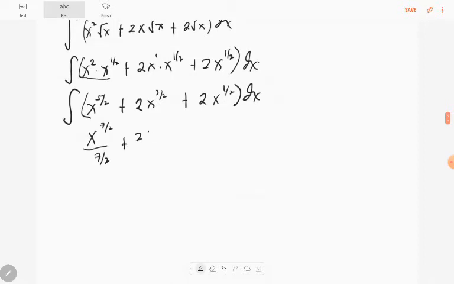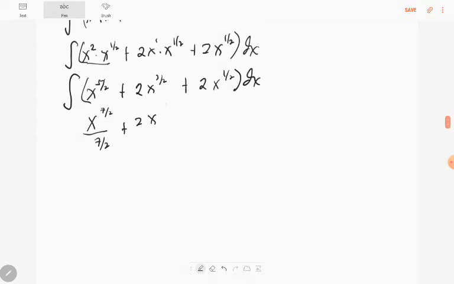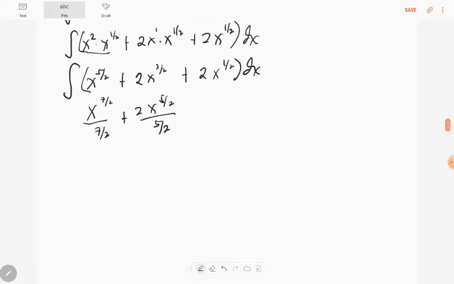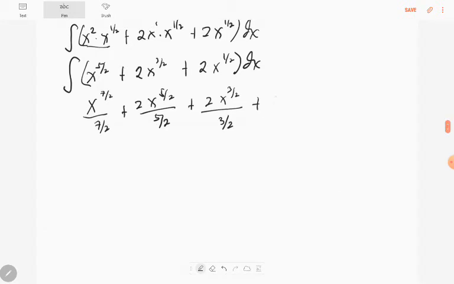Plus 2, x raised to 3/2 plus 1, what is 3/2 plus 1? 5/2, over 5/2, plus x raised to 1/2 plus 1, which is 3/2, over 3/2. Now we have the presence of the constant of integration.